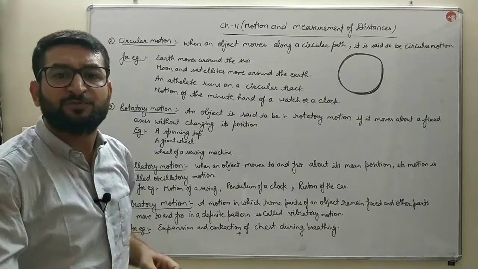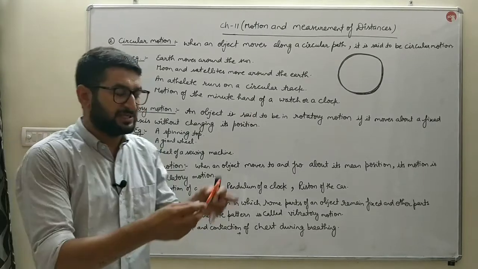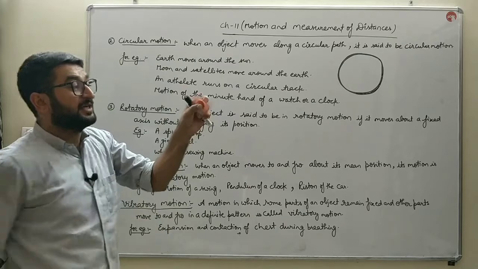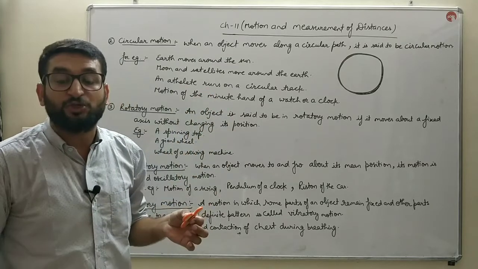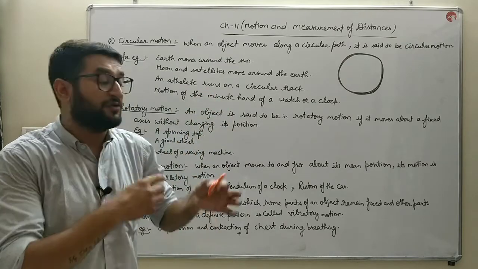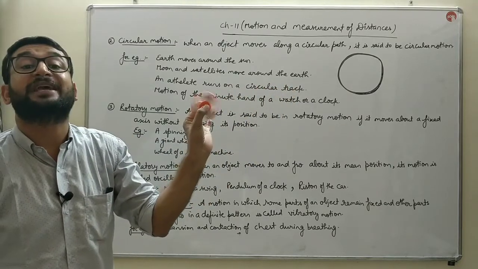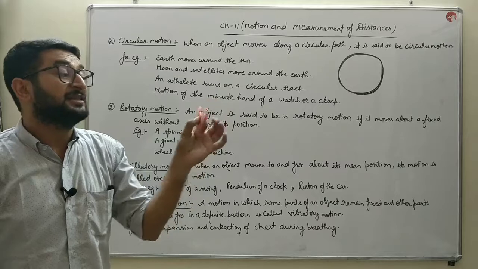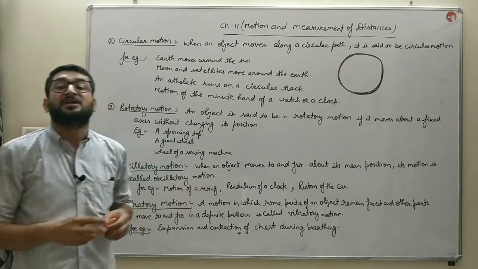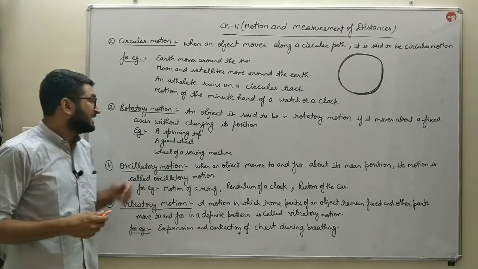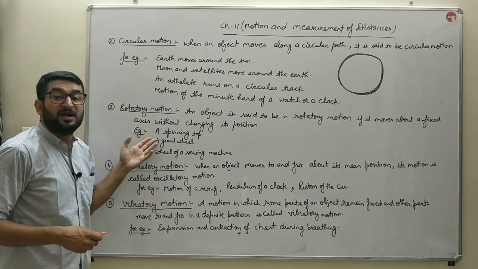The spinner which is present in your homes moves about a fixed position. Children, this spinner is always rotating at a fixed position. So this motion is a rotatory motion. The blades of a fan move in a rotatory motion. Next, a spinning top, a giant wheel.